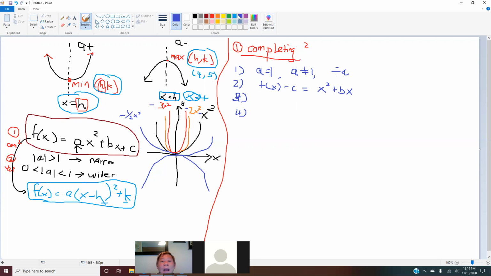The third step is you take the b term that you have here, divide by 2 and square it. You will get a number, and this number you have to add on both sides of the equation.